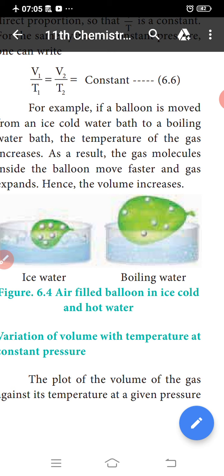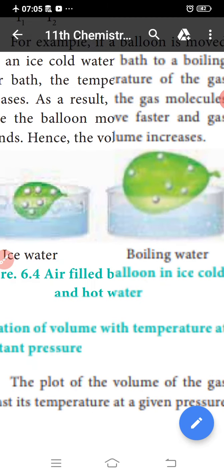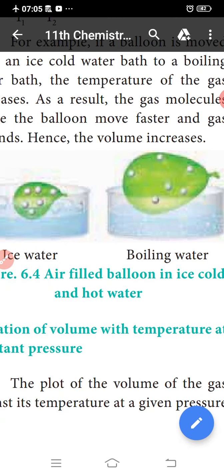For example, if a balloon is moved from an ice cold water bath to a boiling water bath, the temperature of the gas increases.